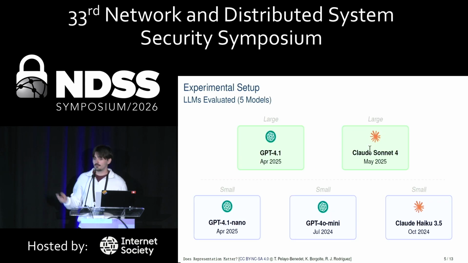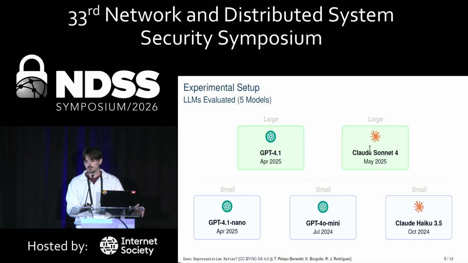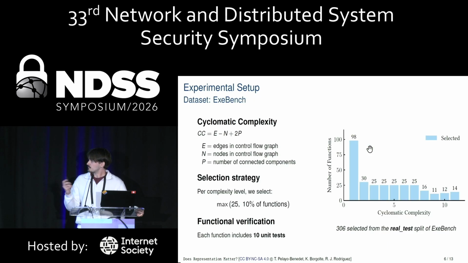First of all, we introduce our experimental setup, in which we use 2 large models, which are GPT-4.1 and Sonnet-4, and 3 small models, 2 from OpenAI and 1 from the Claude family. So we have two sizes of models, the large and the smaller, and also 2 families of models, OpenAI and Anthropic.